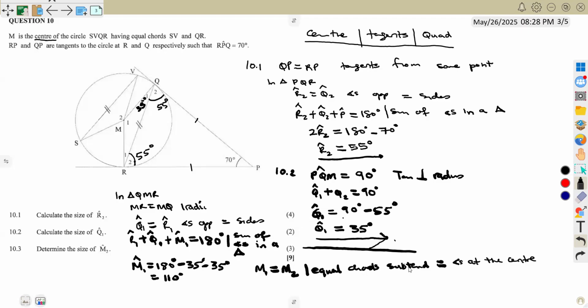So we can conclude that M2 must also be equal to 110 degrees.